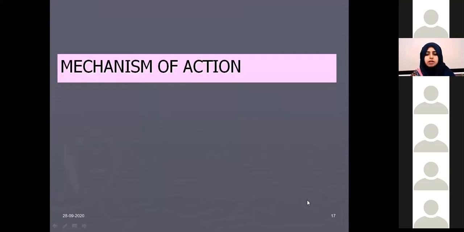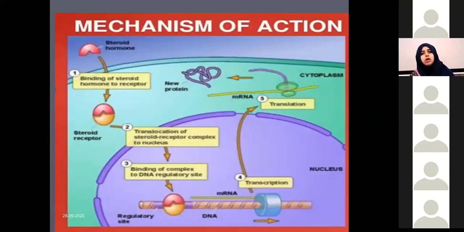Let's talk about the mechanism of action. Whenever we talk about the mechanism of action of steroids, always remember the same mechanism is shared by thyroid hormone, androgens, and all the hormones that have a steroid nucleus, like vitamin D. Even their receptor is the same. They bind to the steroid hormone receptor, which then moves inside the nucleus.